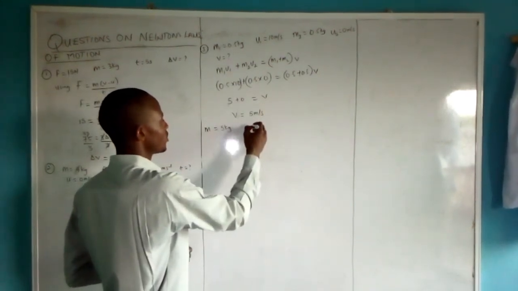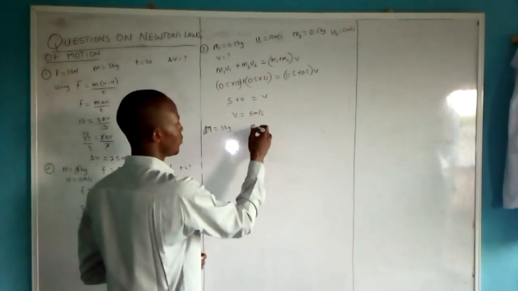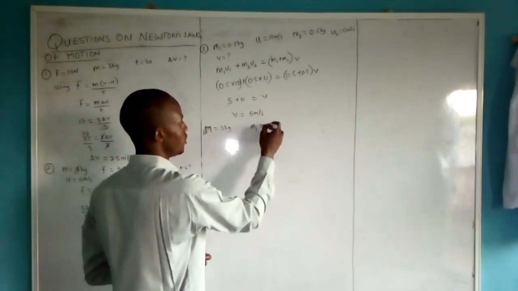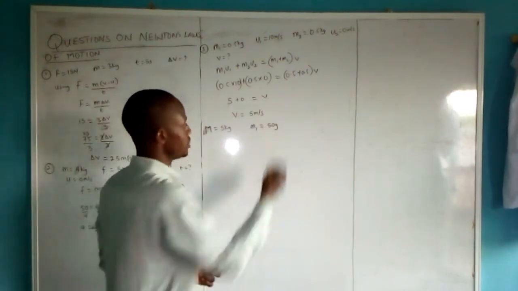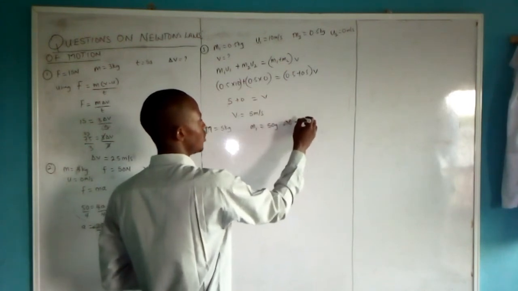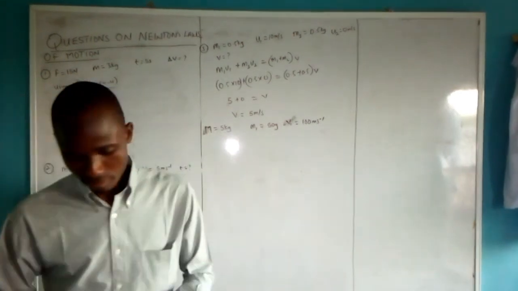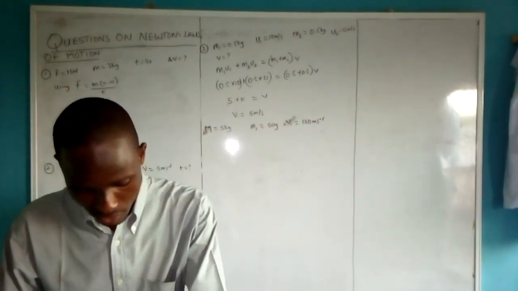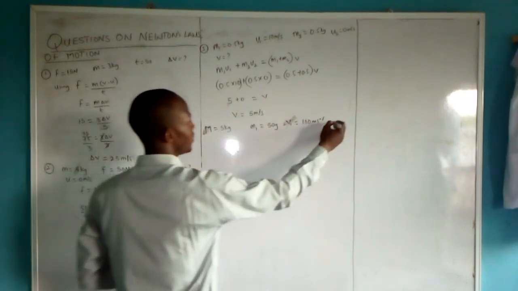Let's use big M for the mass of the machine gun, and small m or m1 equals the mass of the bullet, which is 50 grams. The velocity of the bullet, v1, equals 100 meters per second. We are meant to find the recoil speed of the machine gun.